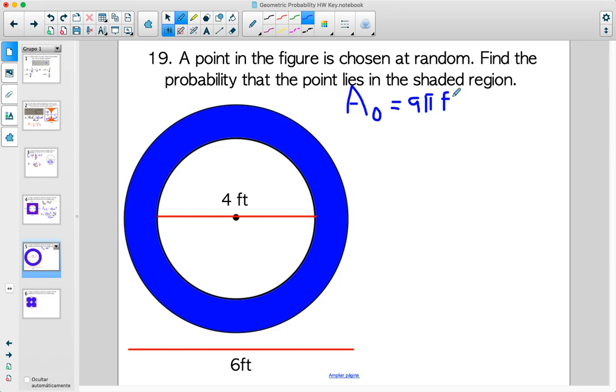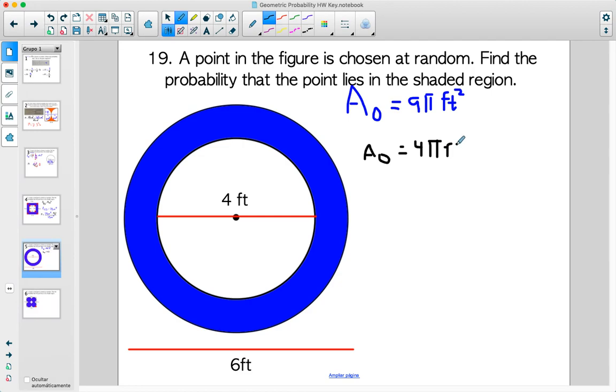And then we are going to do the same thing for the white circle, which I'm going to do in black. So the whole diameter is 4. So the radius is half, which is 2. So the area of the white circle is 2 times 2, which is 4 pi feet squared.